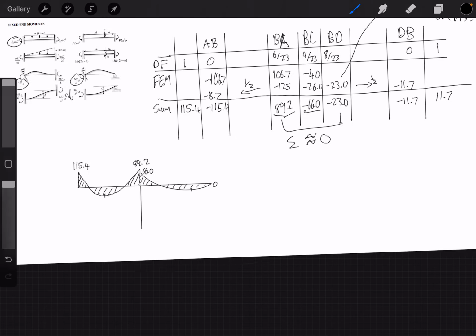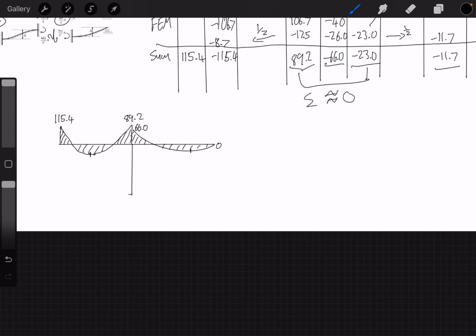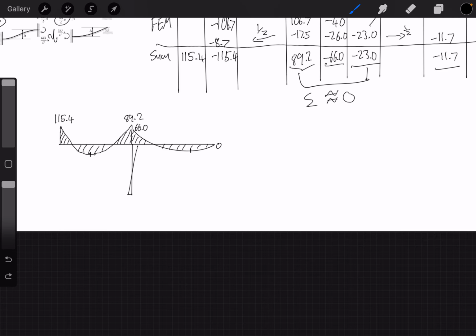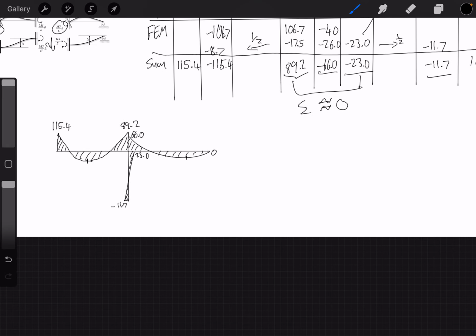And we have 11.7 and negative 23. So it's actually negative 11.7 and 23.0. I think it's actually 23.3, and I've calculated wrong. But it's so close that I am not going to redo the video.